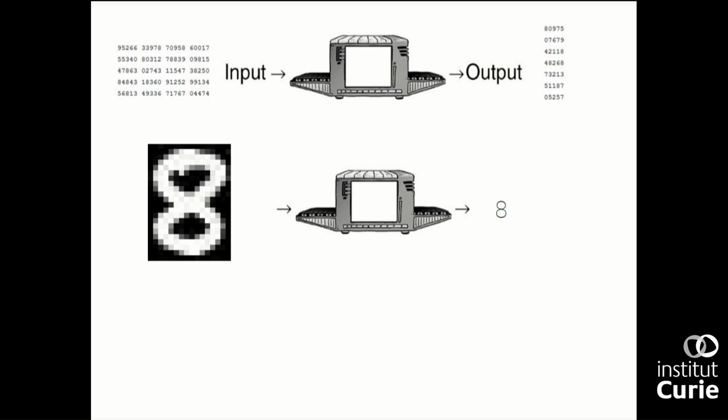A very famous example is where you give the algorithm an image with a number written on it, and it gives you a number which corresponds to the number written.